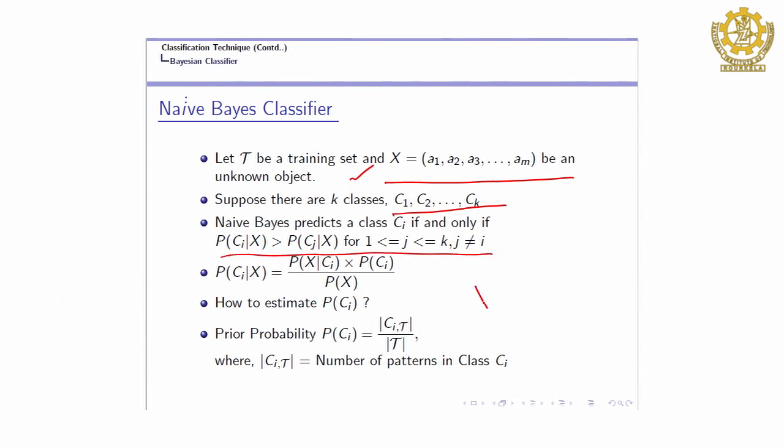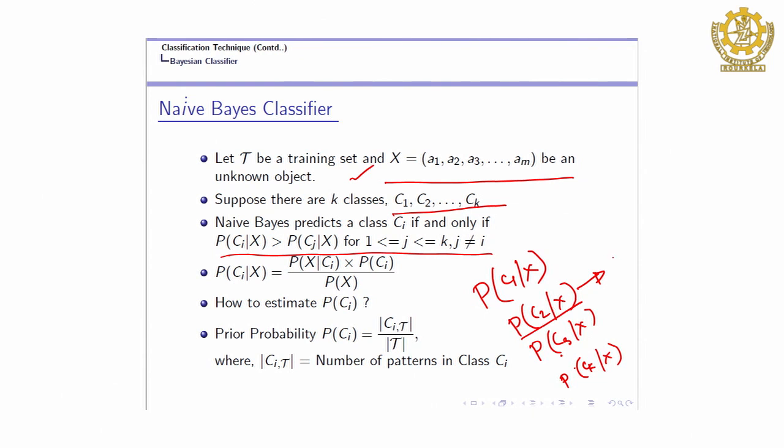Ideally, you compute the probability of class 1 given X, the probability of class 2 given X, the probability of class 3 given X, and the probability of Ck given X. Wherever the value is maximum, let us say this value is greater than all the other values, then the class label of X will be C2. So, instead of a 2 class problem, now we are talking about the multi class problem.